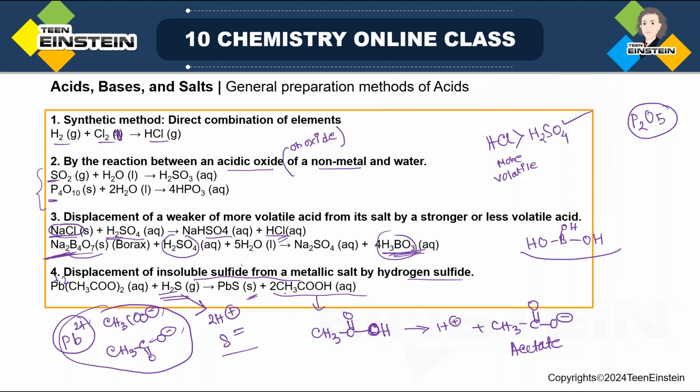So we have here replaced this acetate ion, or you can say we are replacing the Pb, and now it is attached to sulfide, and H plus is now attached to acetate ion, and we are getting acetic acid. So these are the 4 methods, the different methods for the preparation of acids, right?